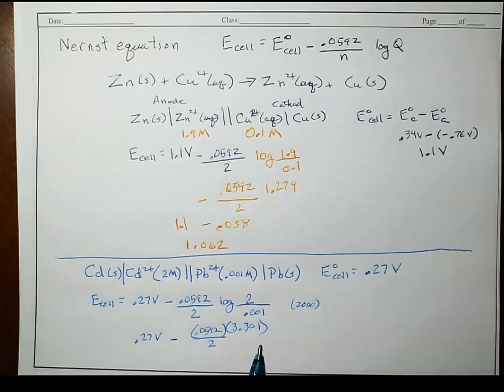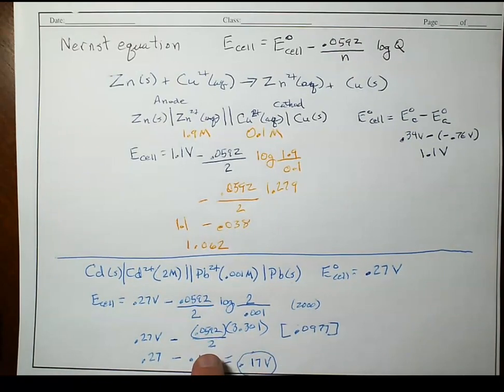So I'm going to pause and calculate that. So when I said the log of 2 over 0.001, which is 2,000, I get 3.301, multiplied that by 0.0592, divided by 2, I got 0.0977. All right. Now, we were working with 2 decimal places over here, 0.27.